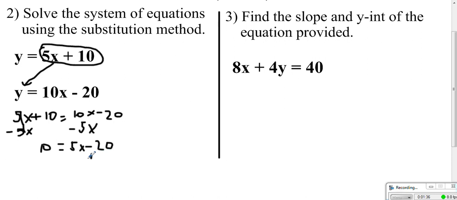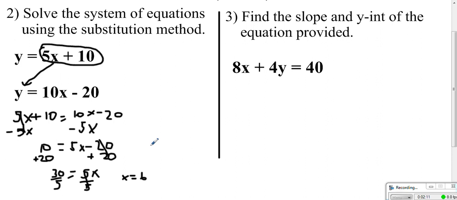To get the x alone, you have to get everything away from the side that the x is on already. So you add 20 on both sides, cancels out, you have 5x equals 30. And then divide by 5 to get the 5 away from the x, to isolate the variable, and x equals 6.